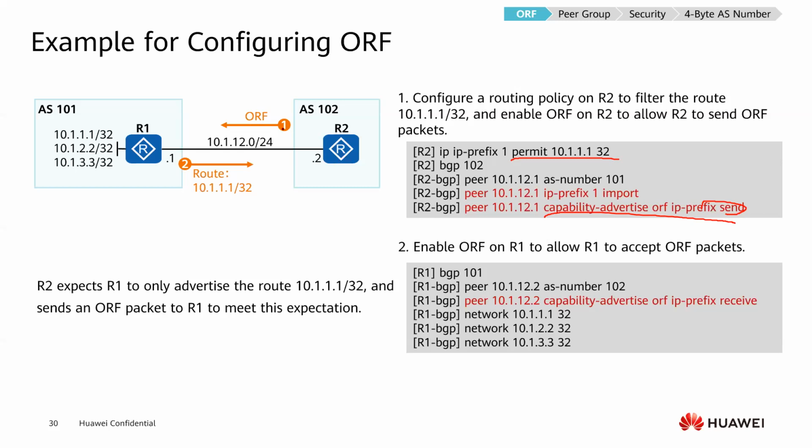R2 needs to send the ORF packet to R1 to tell R1 I need some specific routes, and for R1, you need to enable the capability for the receive, because it needs to receive the ORF packet, and then it will send the specific routes to R2. Sorry, I mixed them up.